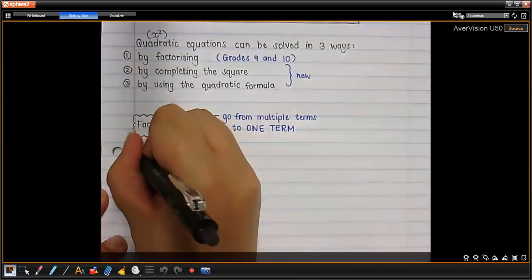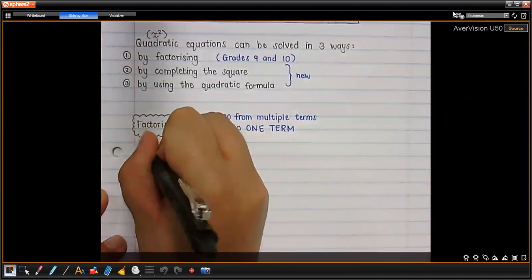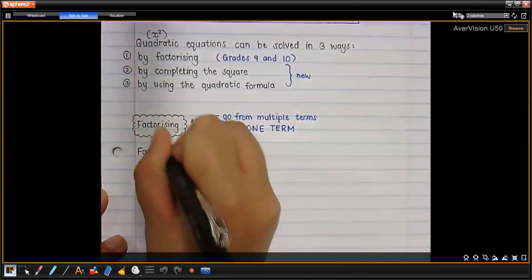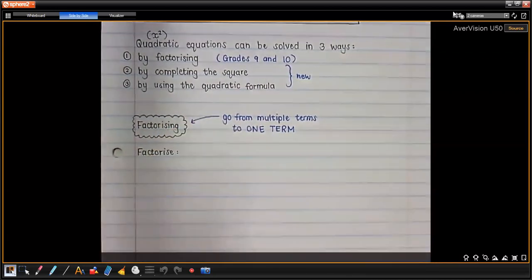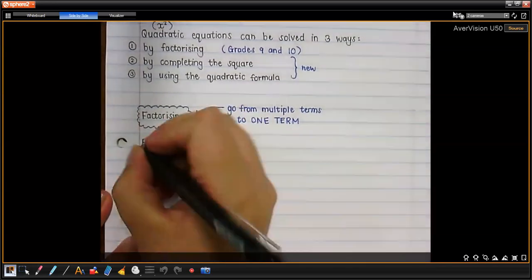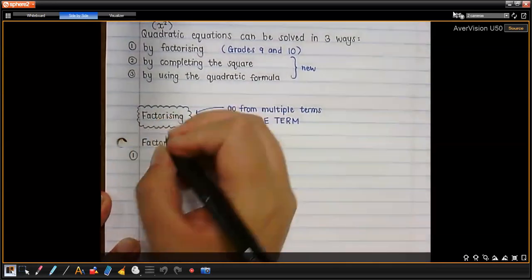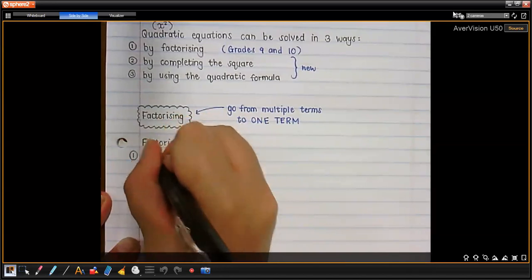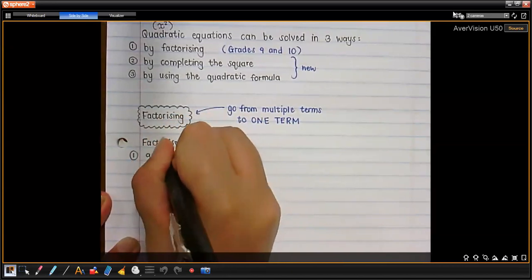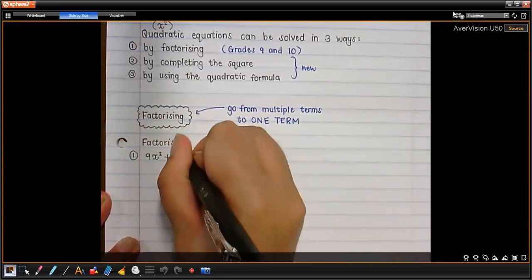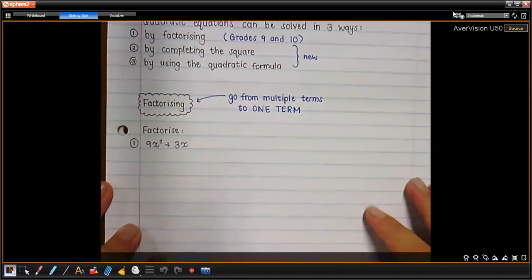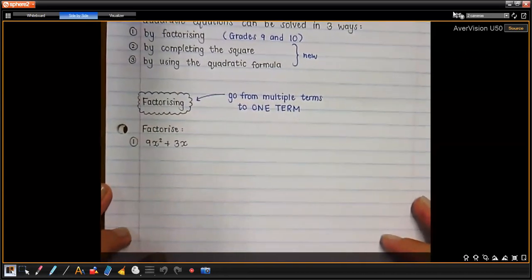So let's do some examples where we are just going to factorize. Okay, we're not actually going to be solving any equations yet, we're just going to factorize. So the first one, if they ask you to do 9x squared plus 3x, they want us to factorize that.